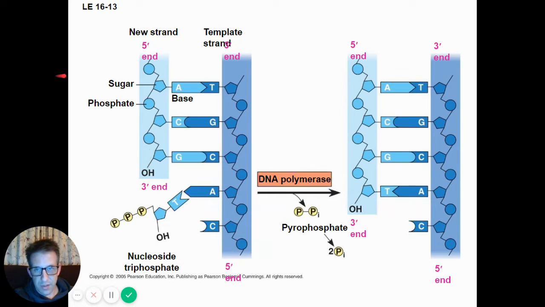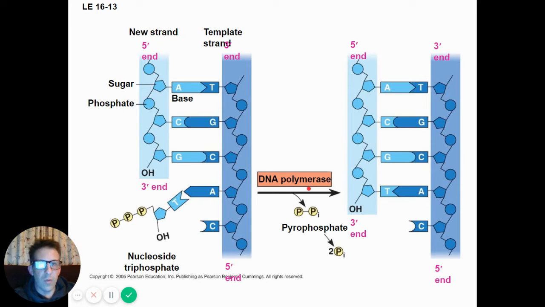See how it's growing? It started small up here, laid down more and more and more. So this is the 3' end of the growing DNA strand. Okay, new base pairs can only be added to this 3' end because this phosphate here is going to basically attach to this OH group here. That is the chemical reaction that needs to happen for this base pair to be added. Okay, and DNA polymerase facilitates that.